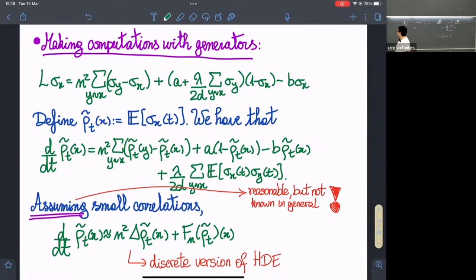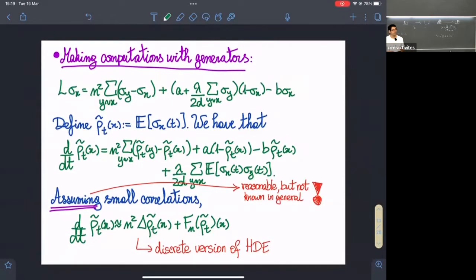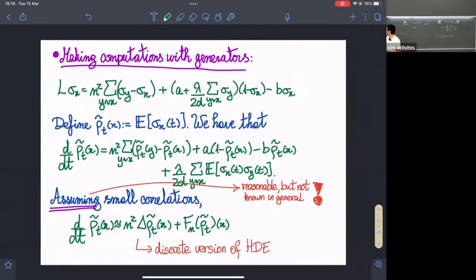If you assume that correlations are small, then you discover that this function rho t x really solves a discrete version of the hydrodynamic equation. It's exactly Laplacian plus f.